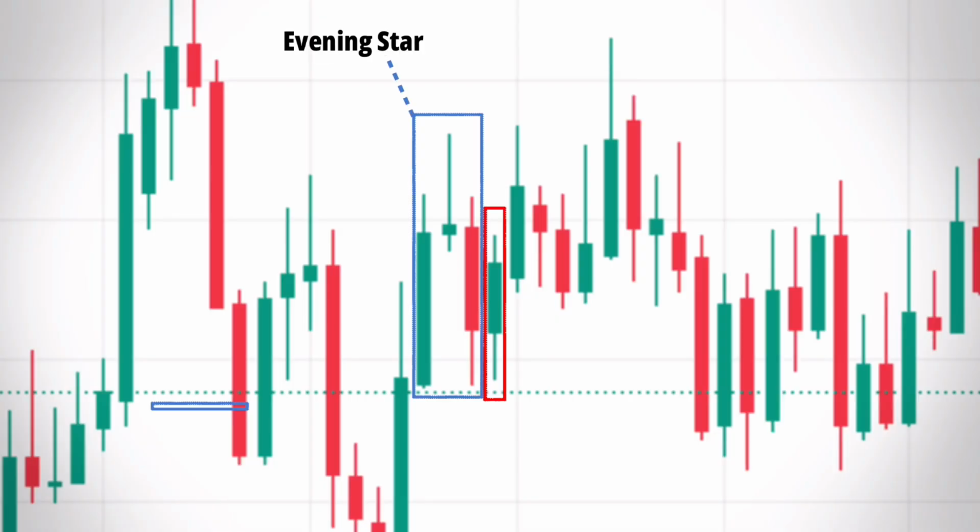Now, it's not as though it is impossible for you to just open a trade the moment you see a bearish reversal candlestick pattern or any other candlestick pattern, but by waiting for confirmation, you are being more careful, and it's actually a good risk management strategy to wait to see the next candlestick that forms to confirm that actually there's a bearish reversal before you enter the market. So you don't just enter the market and at the end it's a false signal and you make losses. So to minimize losses, wait for confirmation.